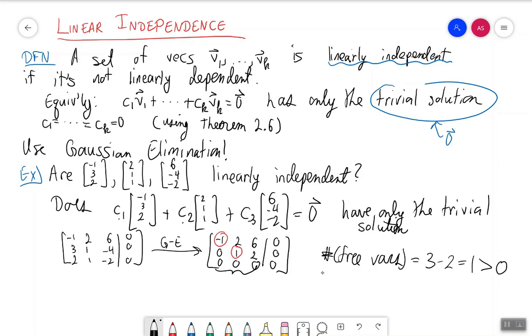So therefore, there are infinitely many solutions, and therefore the answer is no. Those three vectors are not linearly independent. They are linearly dependent.